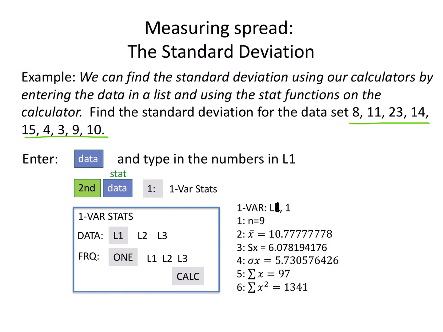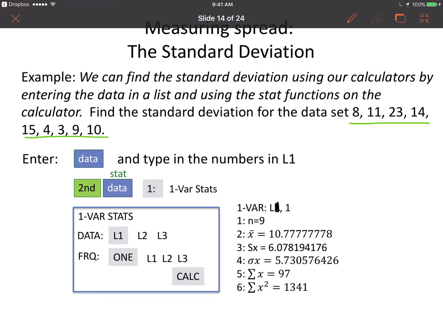There were 9 numbers in our list that you should have entered. So if this n doesn't match the number of numbers in your list, you know you missed something when you were typing it in. Number 2 gives you the mean. See the X bar. It was 10.777 repeating.